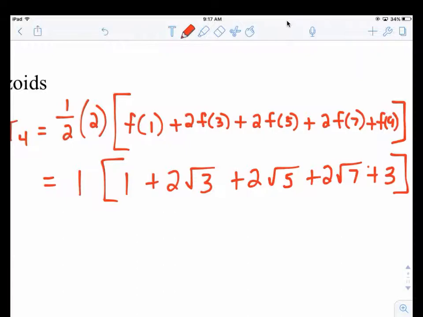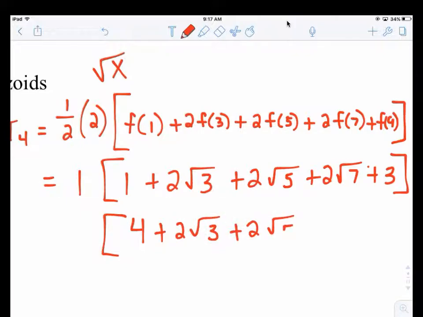Is everyone all right with how I got those numbers? Makes sense? So the function is the square root of x, right? So you're plugging each of those numbers into there. So what do we got? 4 plus 2 radical 3, 2 radical 5, 2 radical 7.